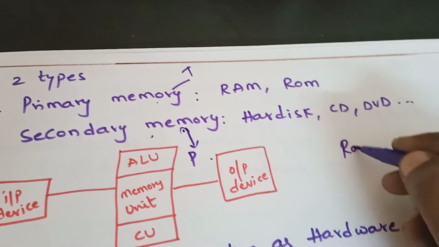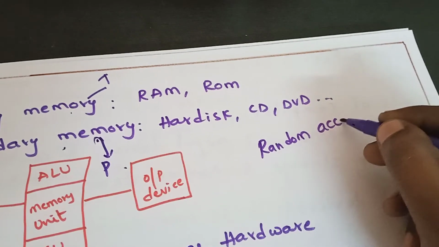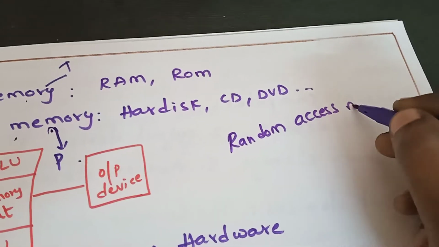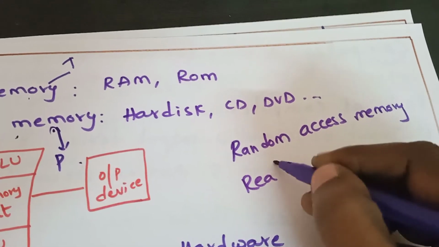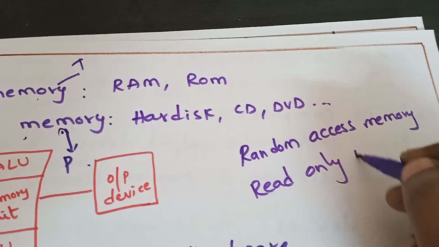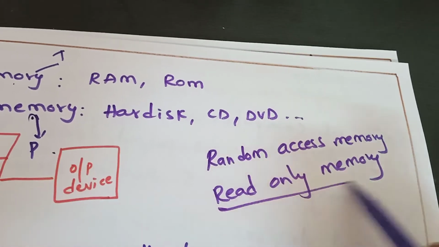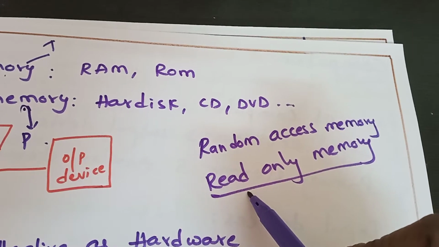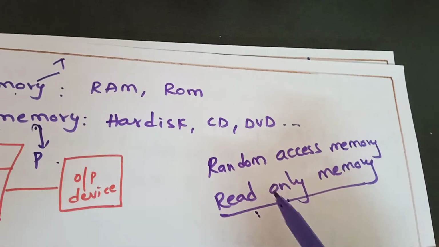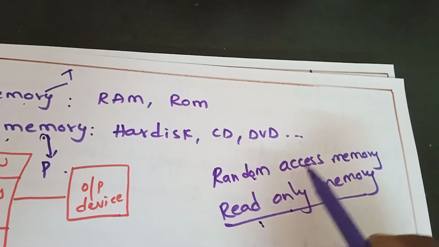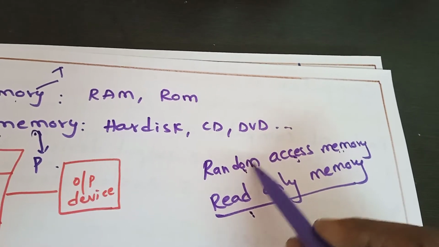RAM stands for random access memory. ROM stands for read only memory. The name itself tells that this is the memory where we can only read, and cannot write anything. In random access memory, we access the data randomly for reading and for writing.